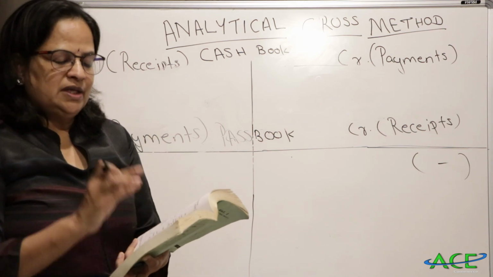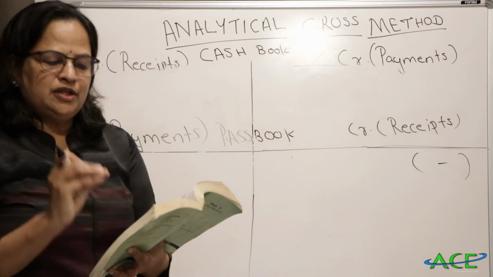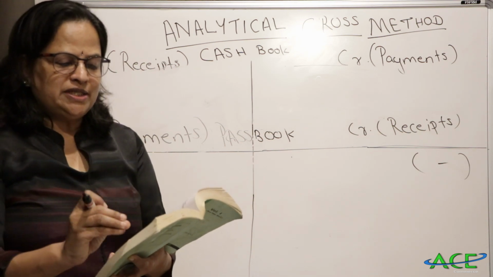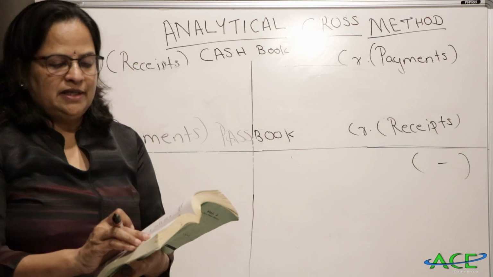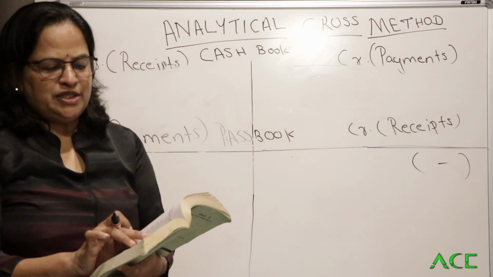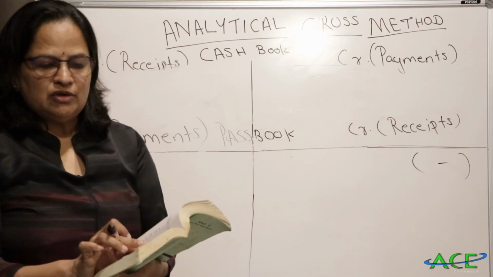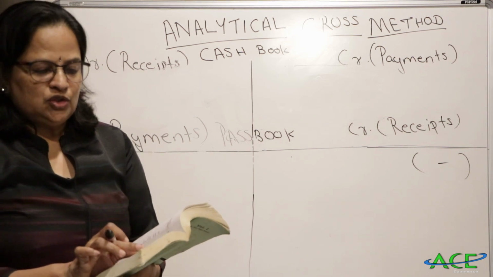We are preparing the statement for 30th June 2020, but 4,000 were credited only on 4th July 2020.